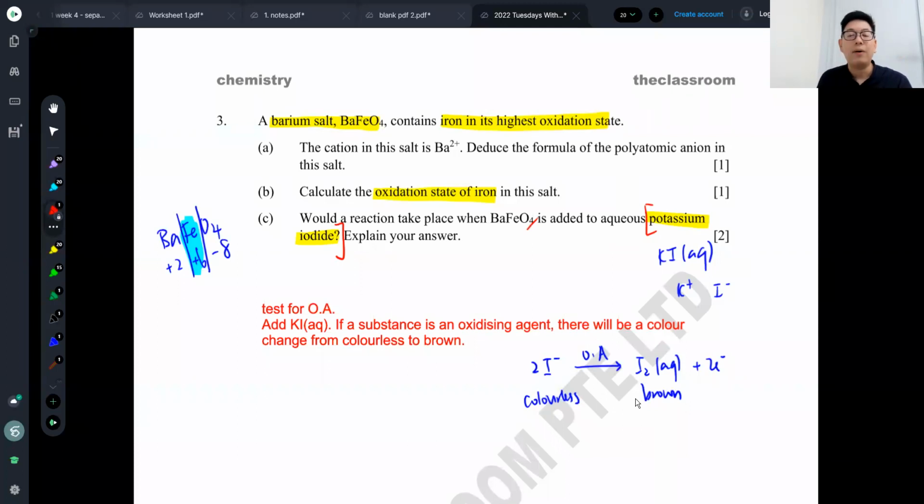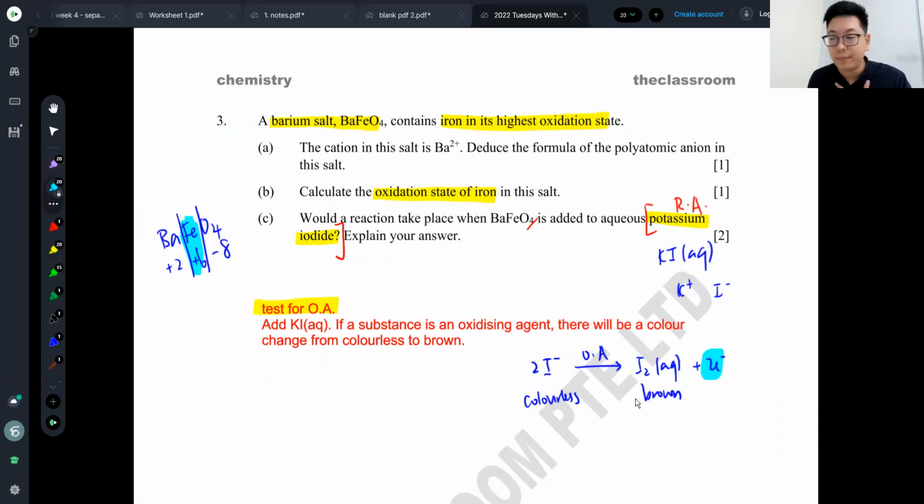Another thing, for those of you not familiar: potassium iodide is actually a reducing agent. Once again, it is used to test for an oxidizing agent, but itself, it is a reducing agent. How come? Because the iodide ions can give away electrons.